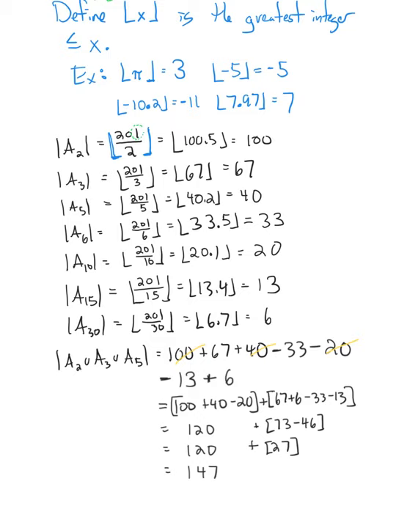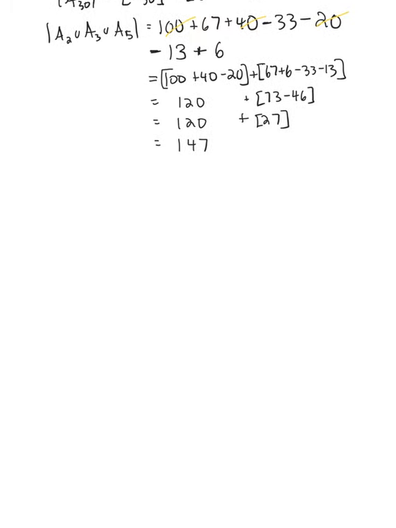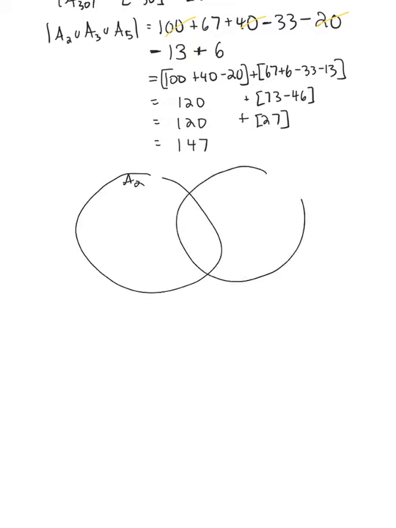And we could use the inclusion-exclusion principle to see that. Again, let's just draw a little Venn diagram here just to help us out. And then we can talk about it a little bit. But this is our final answer. So here's A2, here's A3, here's A5.